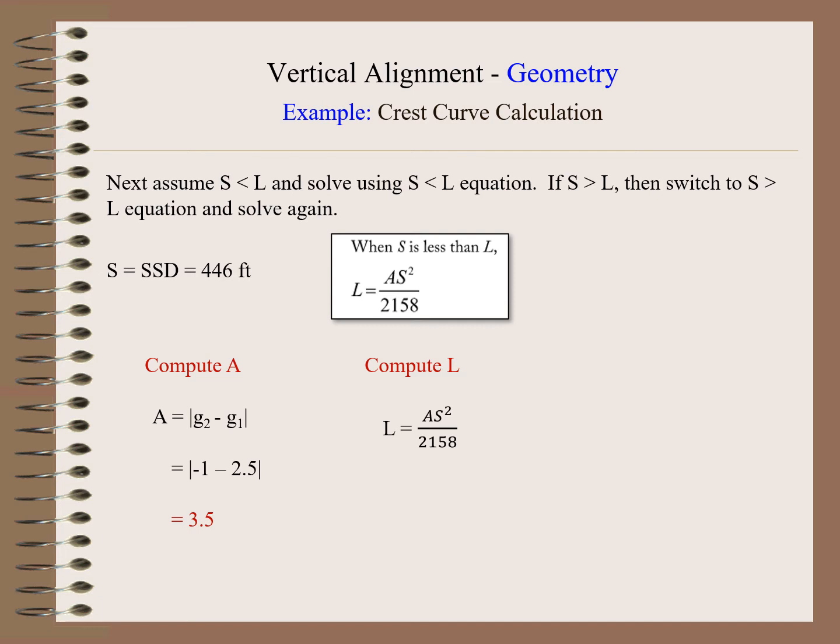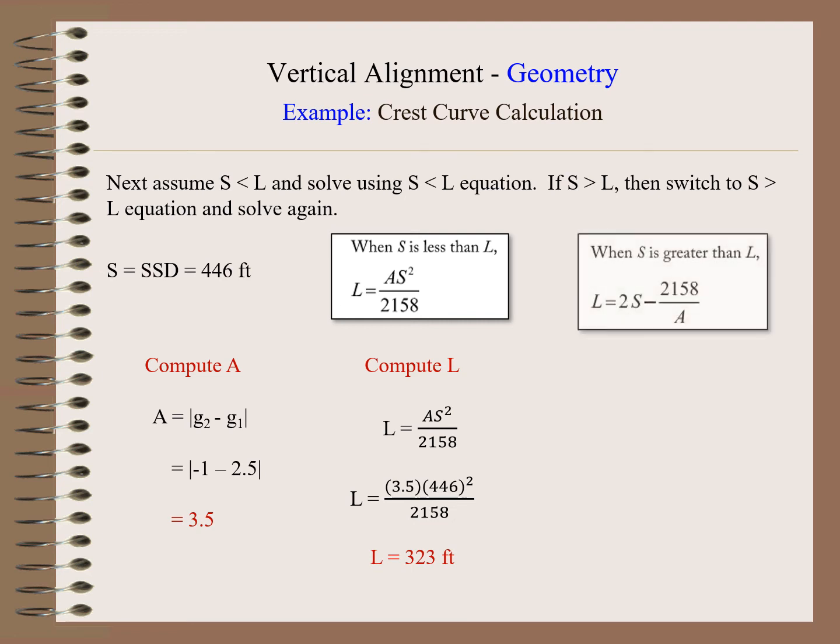So if we use that equation and we fill in the numbers, we get an L value of 323 feet. So we assumed wrong. L is actually less than S. So when that happens, we're going to use the next equation where S is greater than L, and we're going to compute L again using the updated equation there.